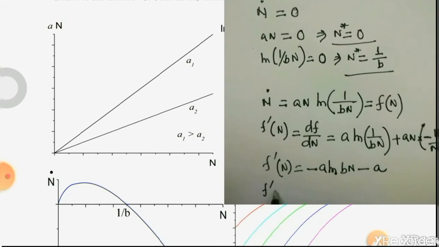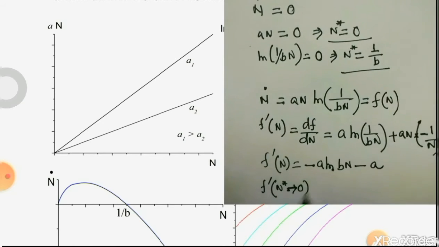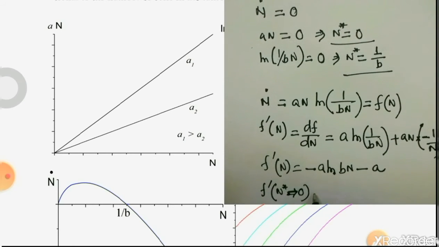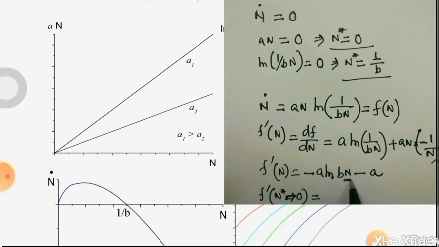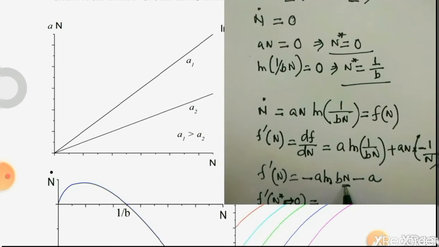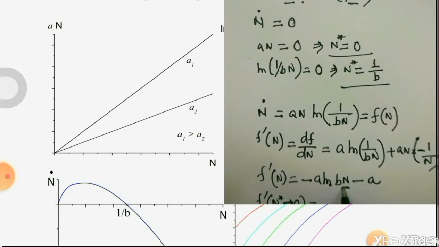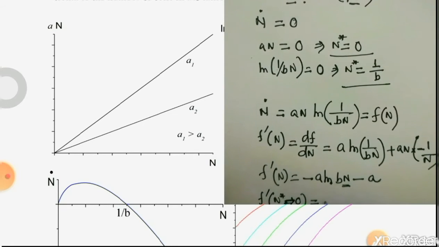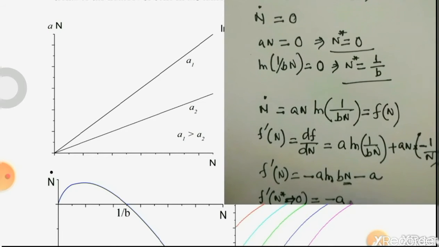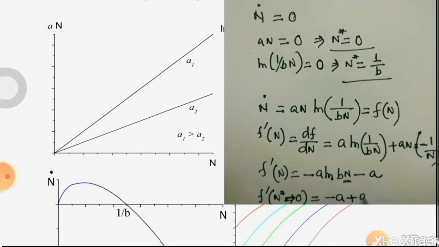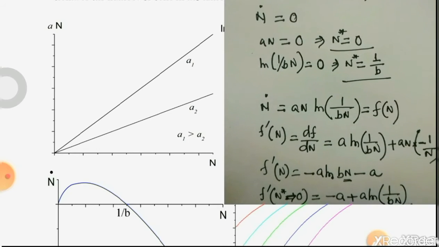For the first fixed point, that is n star equals 0, if we put n equals 0 here, this will have an indefinite value, but when n tends to 0, we can write this again as minus a plus a ln(1/(b n)).